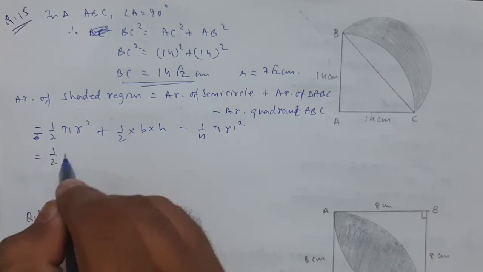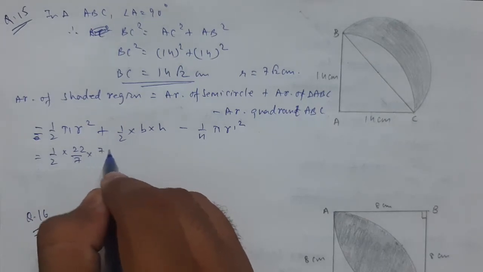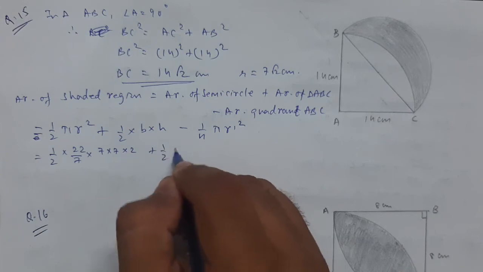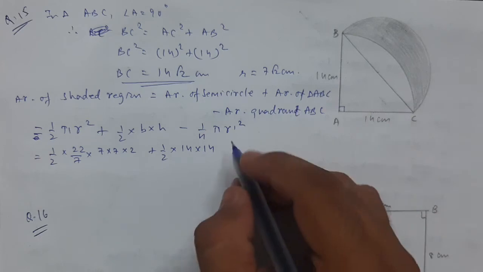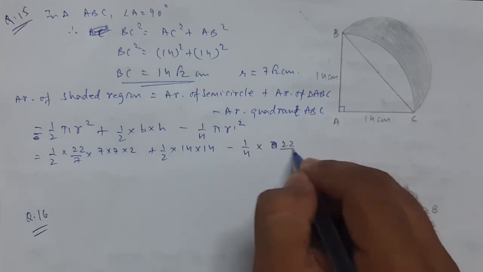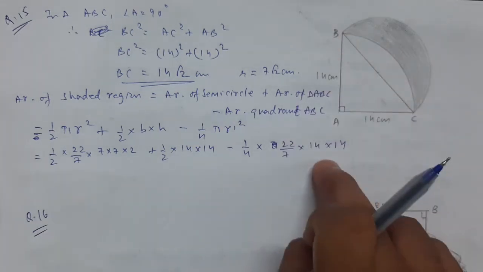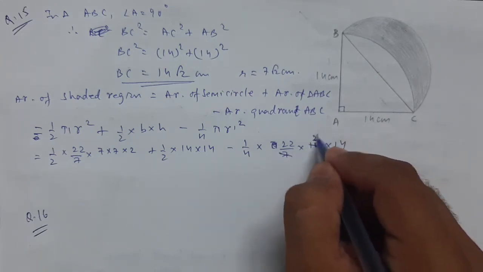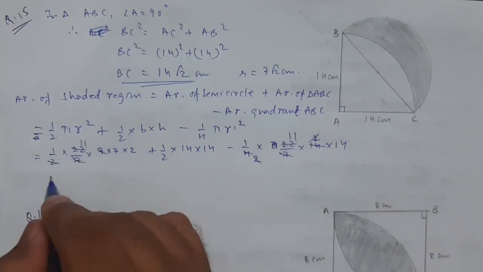That is equal to 1 by 2 into 22 by 7 into 7 into 7 into root 2 square is 2, plus half into 14 into 14, because if this is 90, this becomes base, this becomes height, minus 1 by 4 into 22 by 7 into 14 into 14, because radius of this quadrant is 14. So let us just go ahead with it. 2 1s are 2, 11s are 2, 11s are 7, 7 cancel.